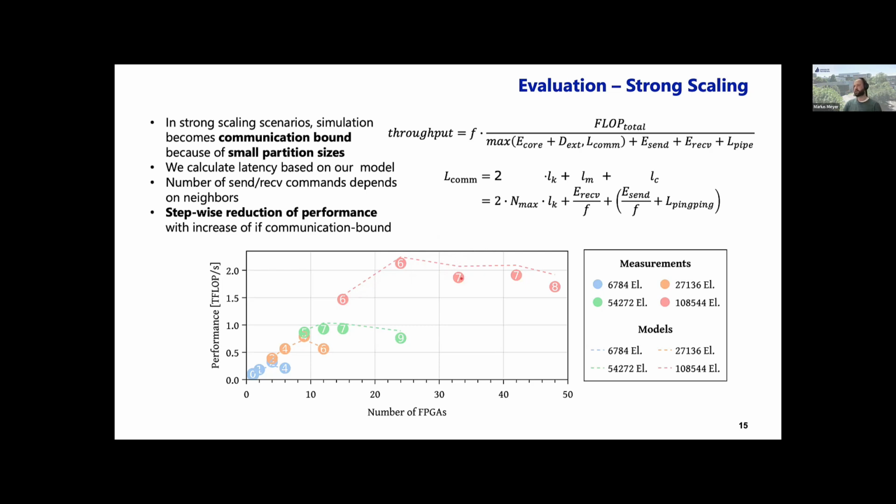So it may be lower than before, just because we have more neighbors and more calls to the CCLO to send data. So this is a limitation that can be quite nicely observed here, and also in our performance model that we set up here.